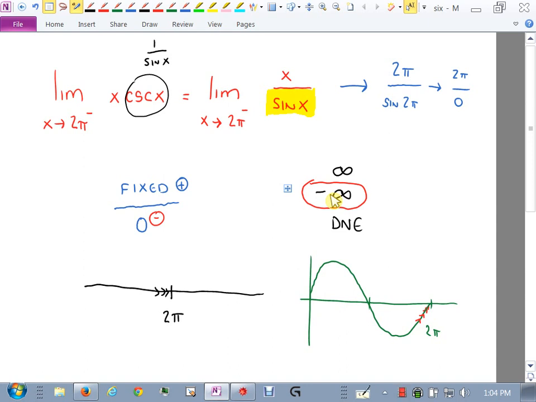Plus, if something goes to infinity, you can't make a table. You can let x get bigger, but what's big enough? When you're dealing with infinity, there is no big enough. So if you identify this at least for me and then do a table, I'd be okay with that, but I'd prefer something more along this line.